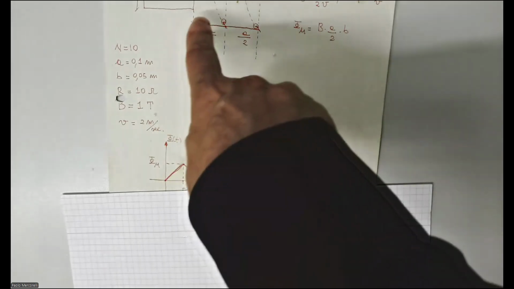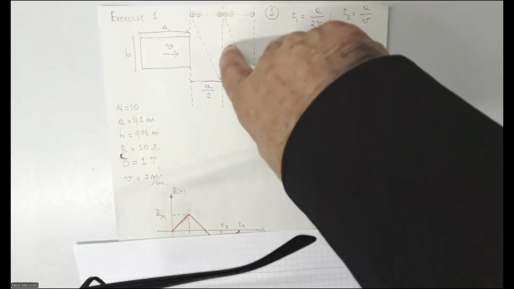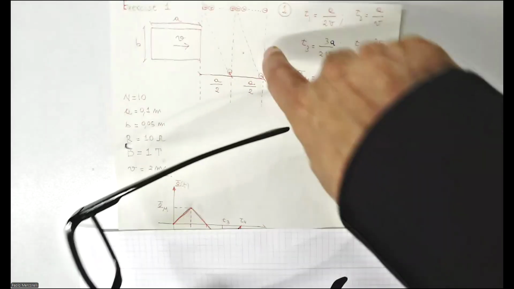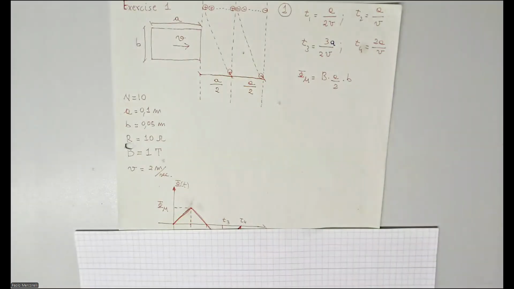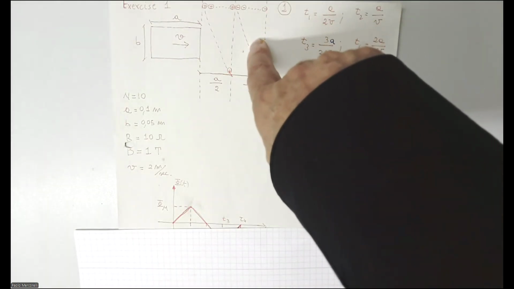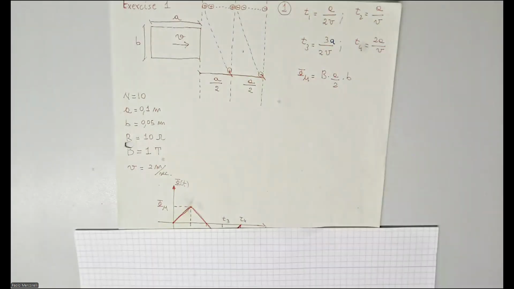Why that? Because when the conductor is here and the coil is going ahead, I will reduce the active surface. I will reduce the flux because I include in the coil negative, let me say, flux. I don't know if this is clear. I'm going down. This is not clear, probably.